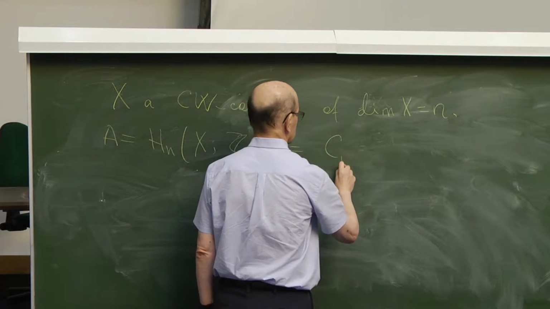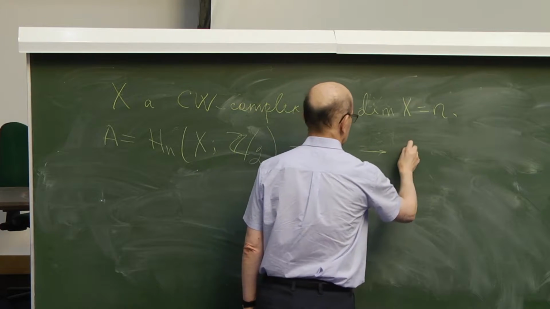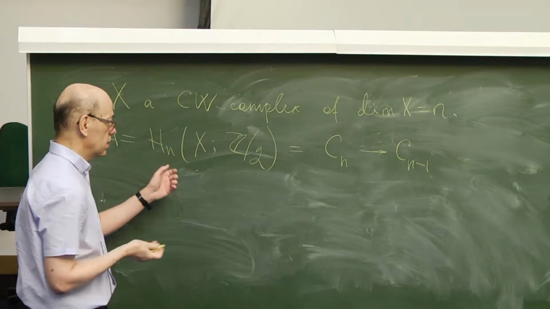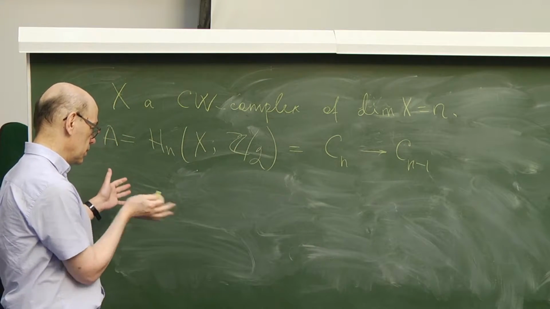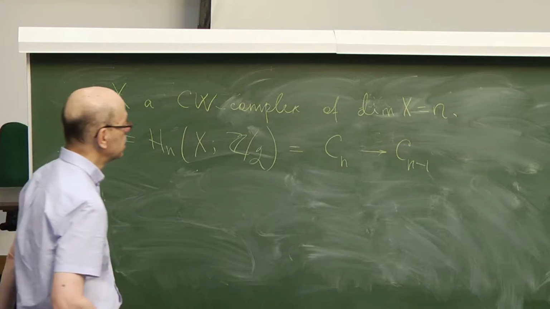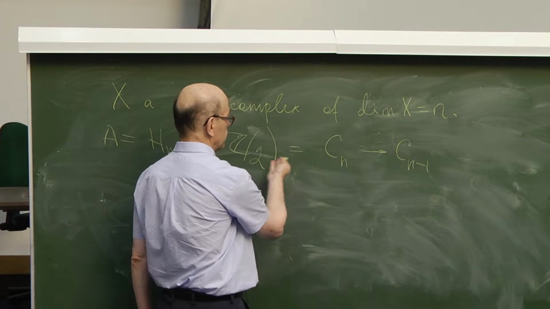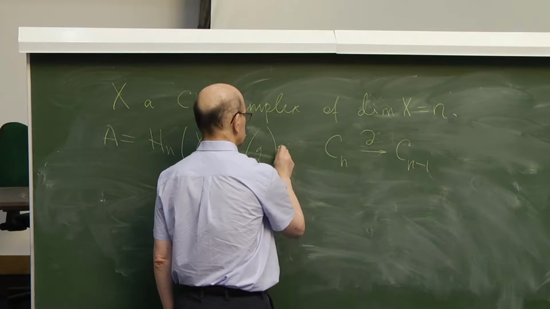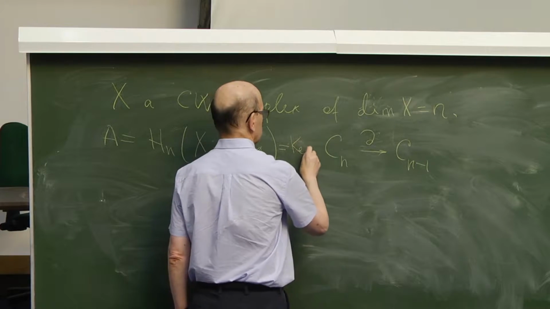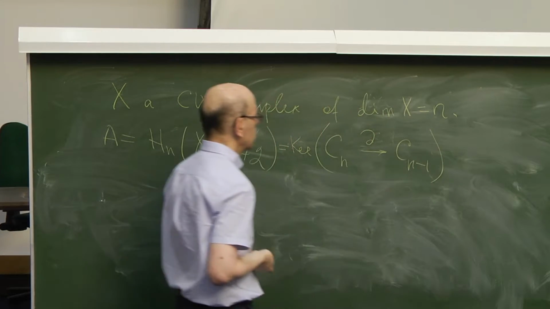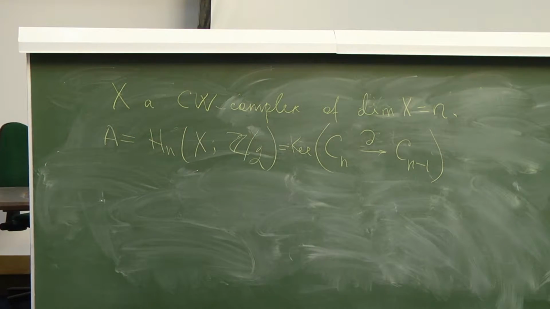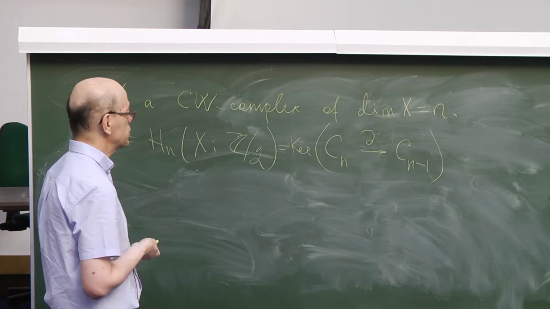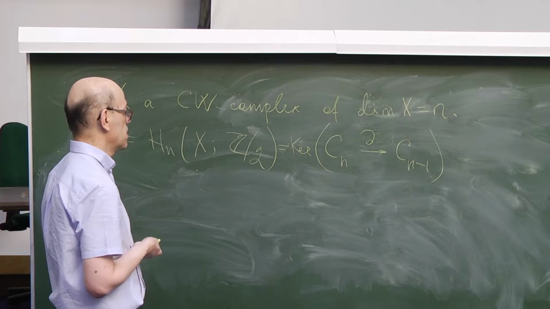The n-dimensional homology is the kernel of the boundary homomorphism of the cellular chain complex of X, since there is nothing to the left of Cn.